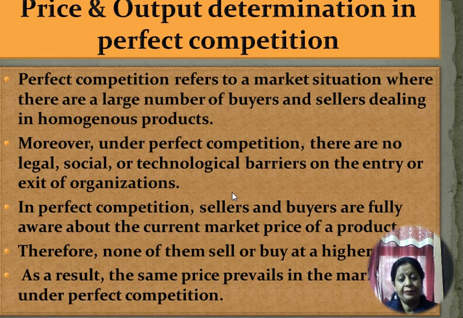As a result, the same price prevails in the market under perfect competition. So if the market is perfect, then the same price has to be followed for the commodities which the sellers are selling in that particular market area. So these are the points which help in determining the price and output in perfect competition.